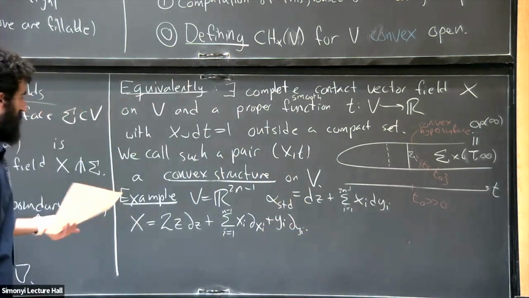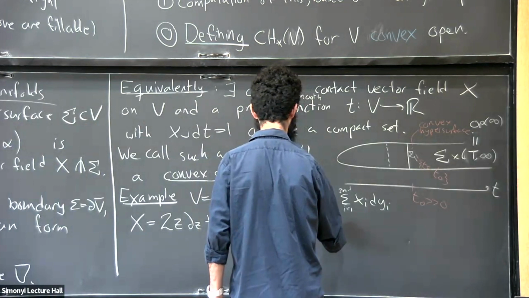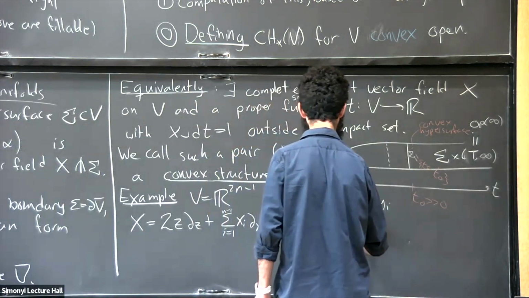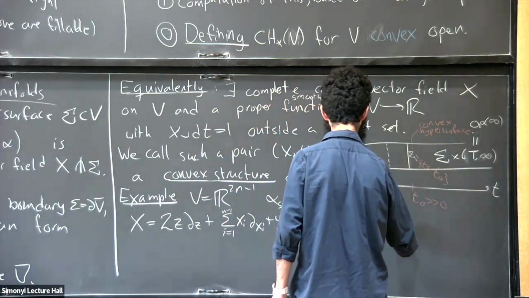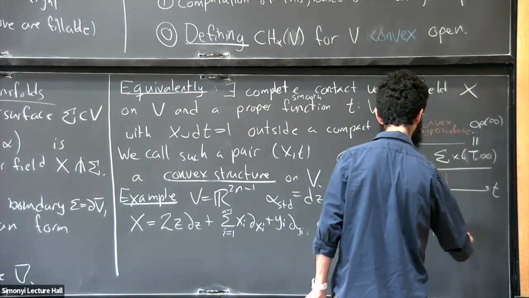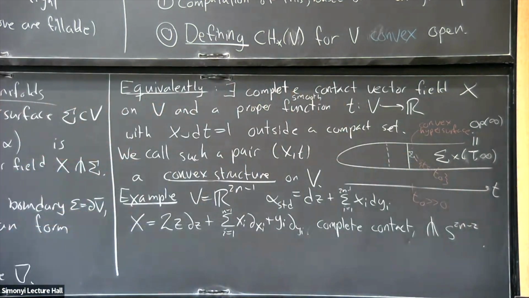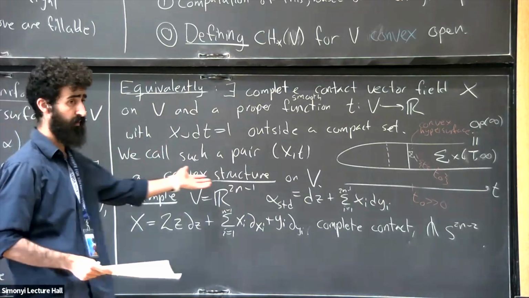And this is a complete contact vector field. And it's transverse, for example, to the unit sphere. So then you can take T to be 1 on the unit sphere, and then it's determined by this condition. Okay, so that presents R^(2n-1) as a convex manifold.